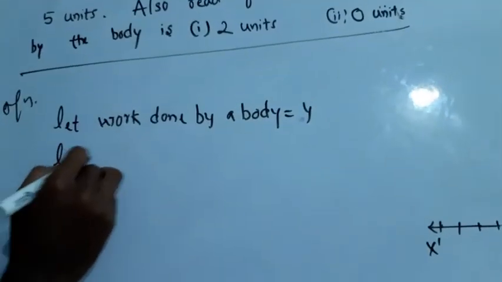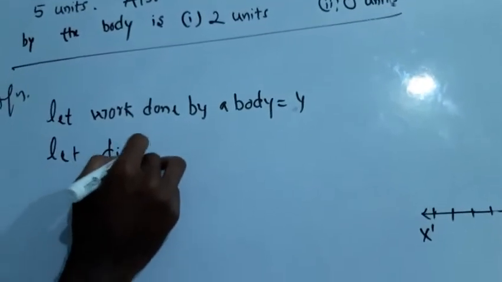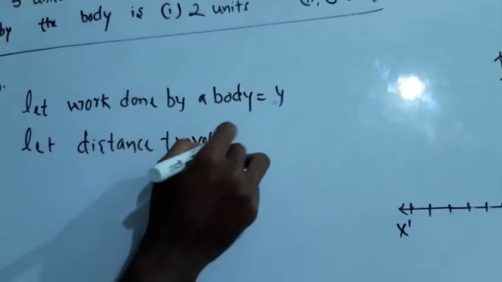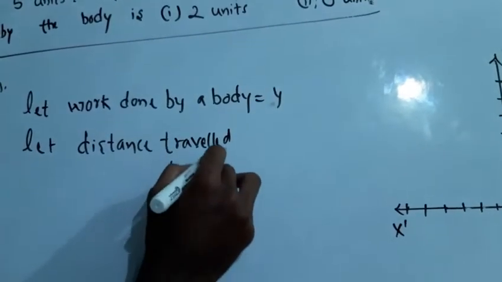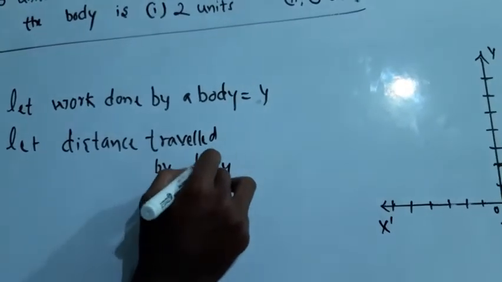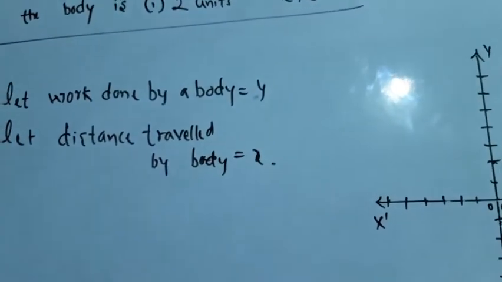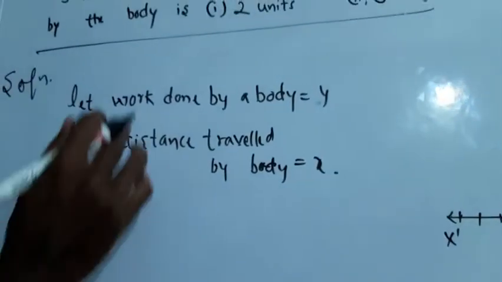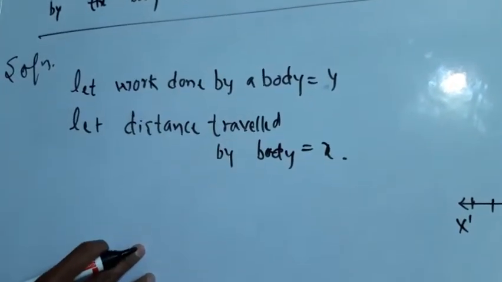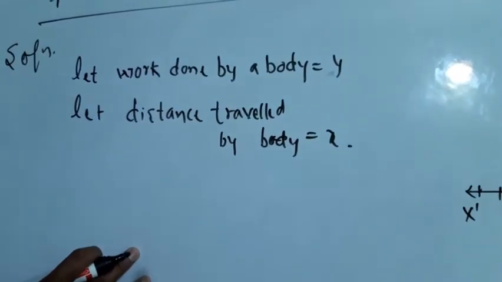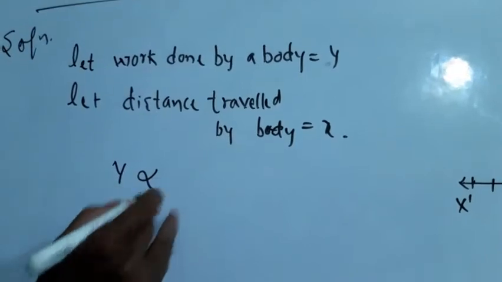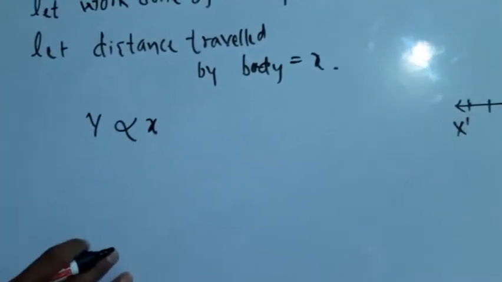Let the distance traveled by the body be x. Now the statement is that the work done by a body is directly proportional to the distance traveled by the body.